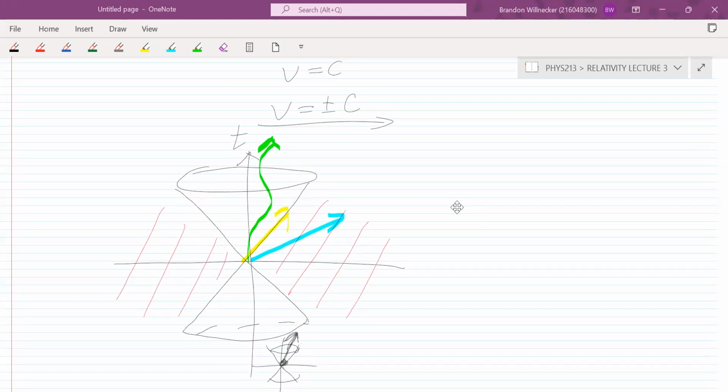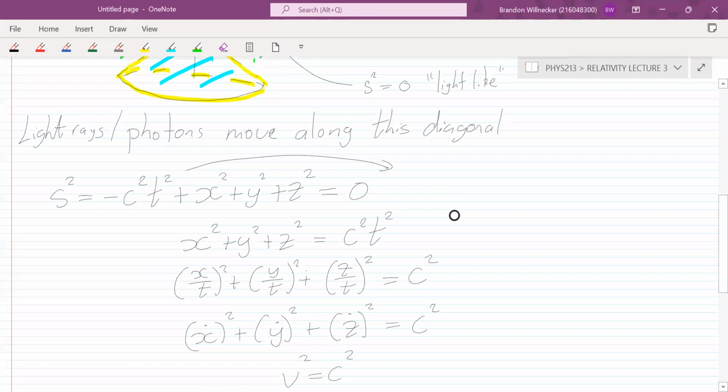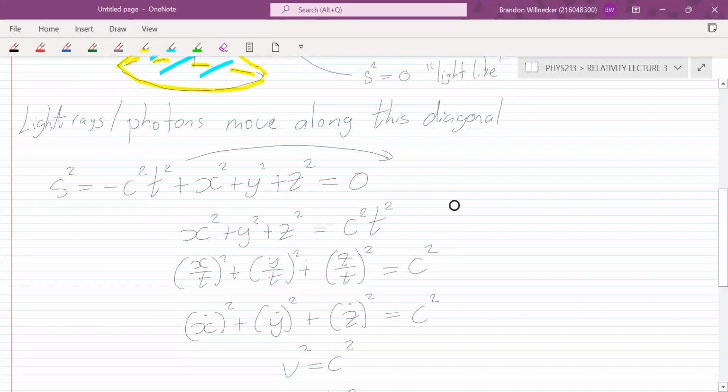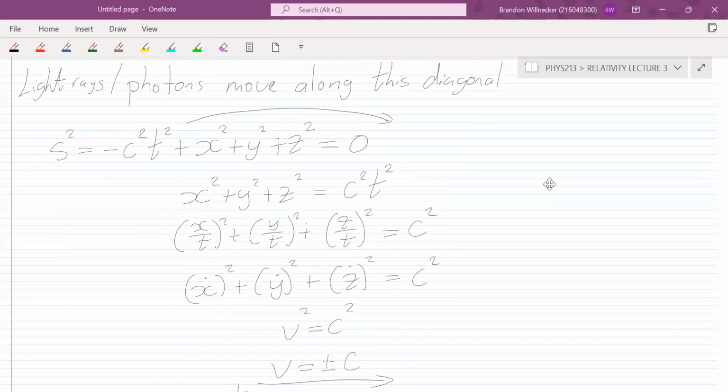Okay, so let's take a look at more on this idea of the velocities of particles. So far, when we talk about velocity, we mean the velocity as measured in just our 3 spatial dimensions. So we took x, y, z, we found x dot, y dot, z dot, and we calculated the velocity that way. Now that is just the velocity through space, right? Because we're only considering the spatial contributions.